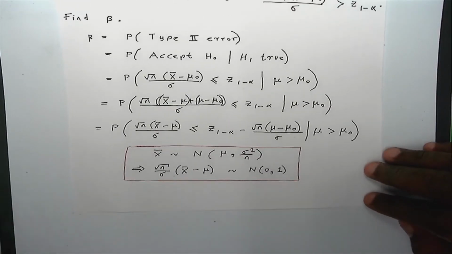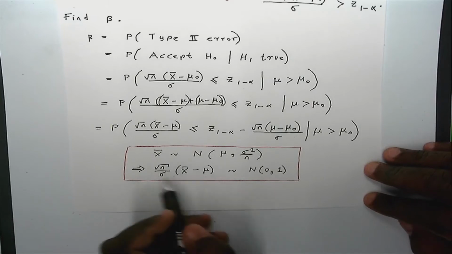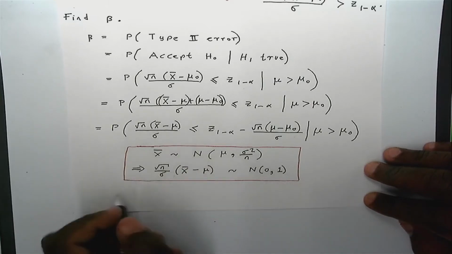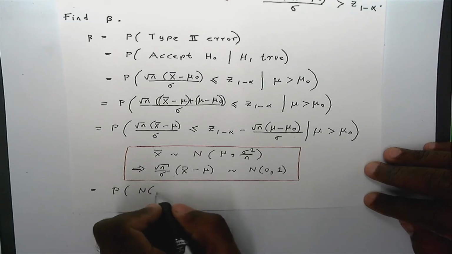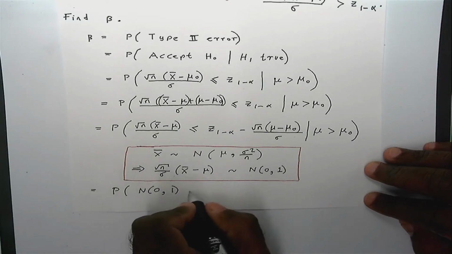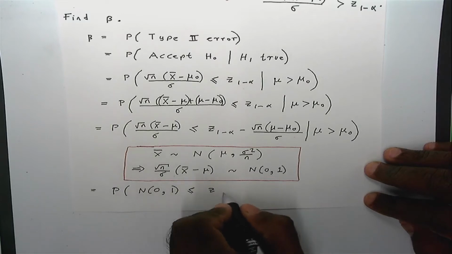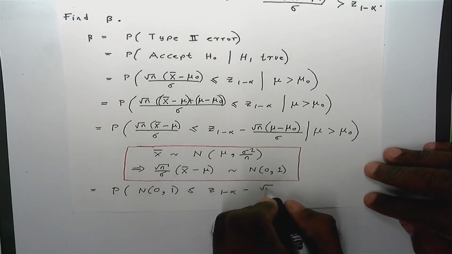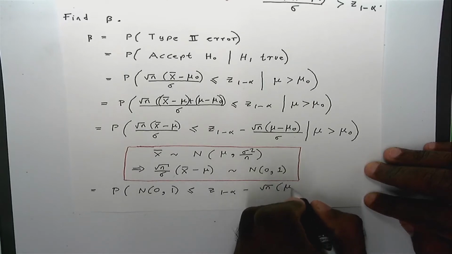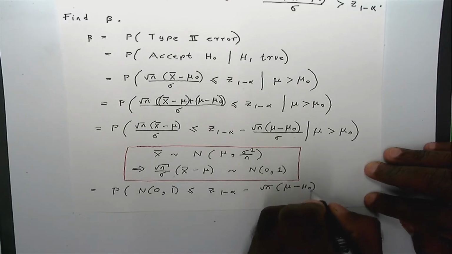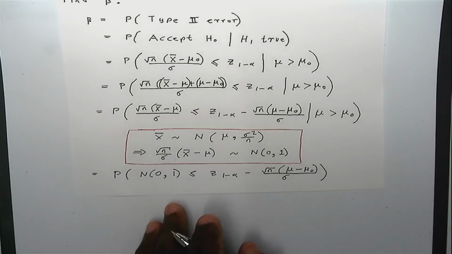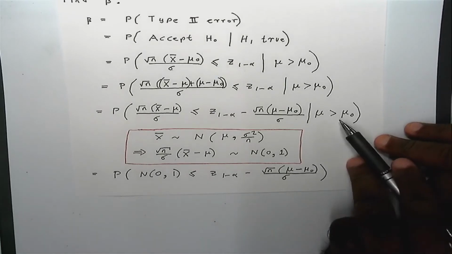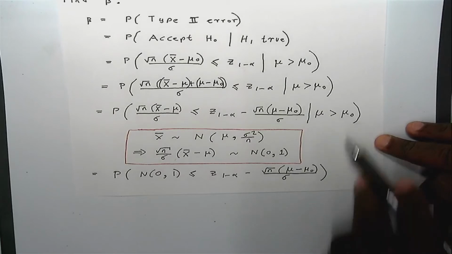So what I have shown here is that this must have the standard normal. So we can replace over here the probability that... Now remember, I removed the conditioning from this line to this line.